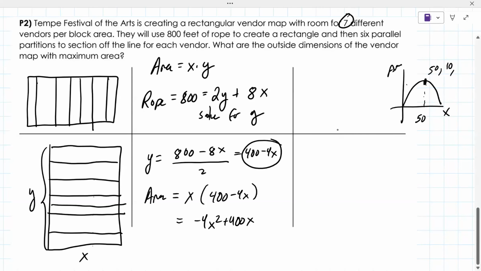I agree. All right, so the x value is the actual x, but y in this case is the area. The area is the 10,000, so it would be 10,000 feet squared. Yes, very good.